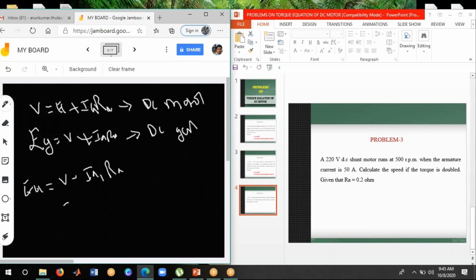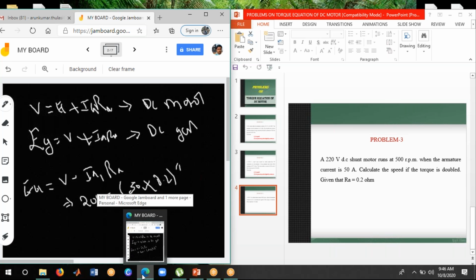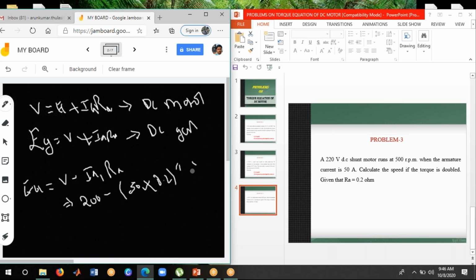Here V is 230 volts minus the armature current at initial condition, 50, into armature resistance 0.2. Then what is the value of EB1? 210, right? So the EB1 value is 210.